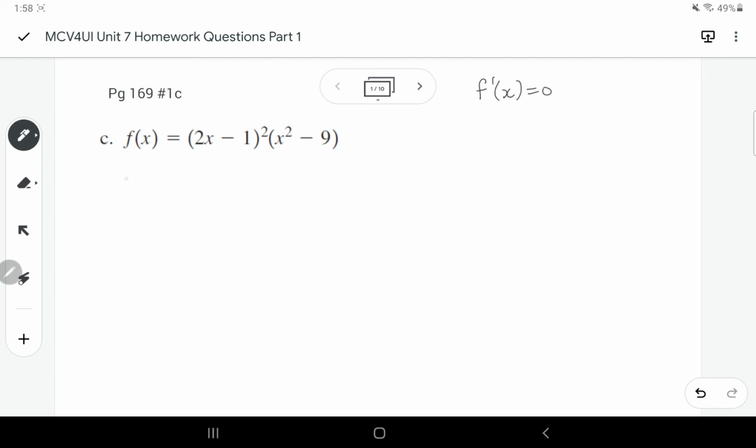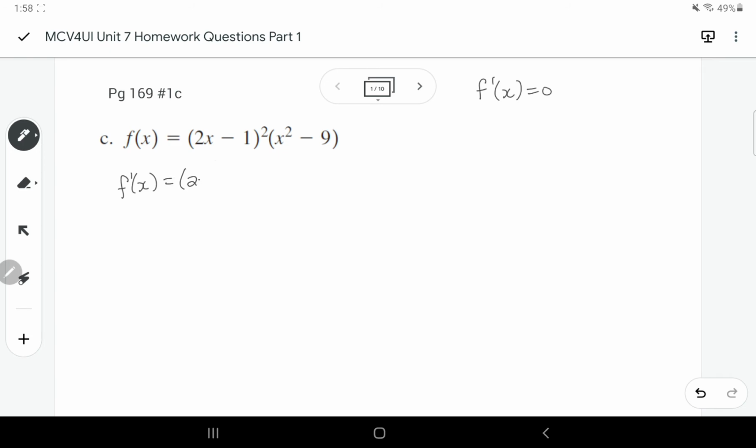So the first one, we've got a function, and I'm going to do the derivative with a combination of product rule and chain rule. It wouldn't be too hard to just FOIL this out and use the regular basic derivative rules, but it won't be too bad doing it this way.